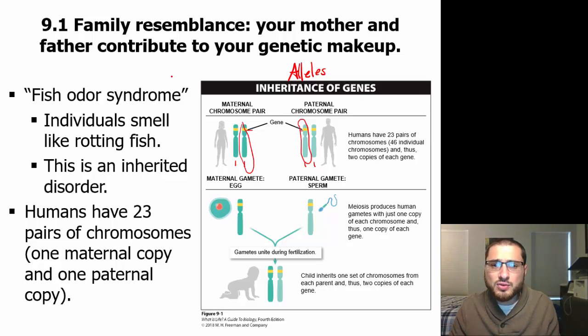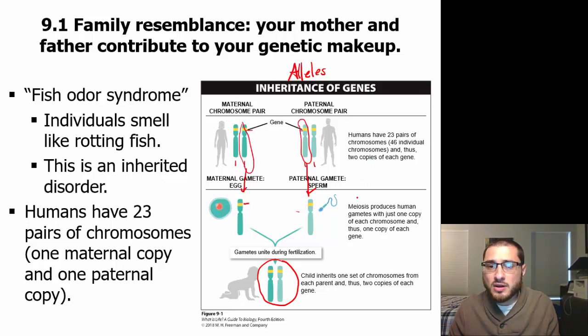So if you get one from your mother and one from your father, that's what you're going to end up with. When we look at this gene, you get one allele, or one version of that gene, from your mother and one allele from your father.